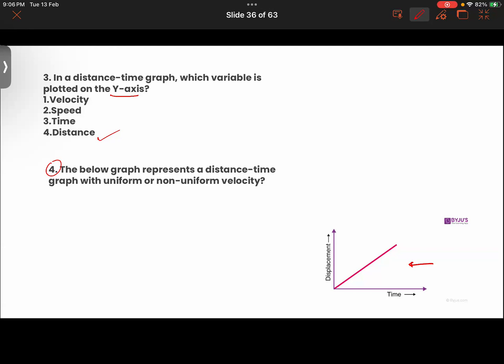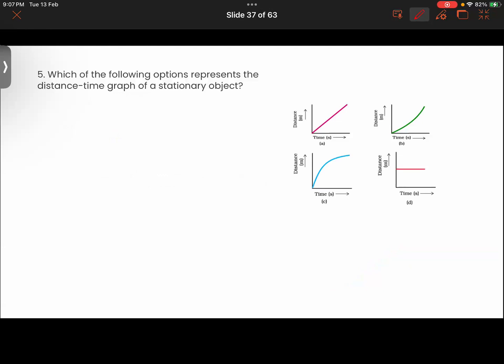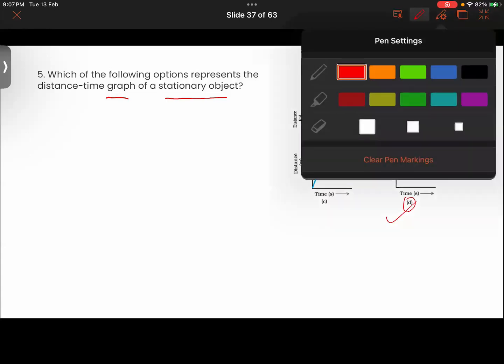So I should answer whether it is uniform or non-uniform? Exactly. Yeah, so it's uniform. Exactly. Okay, which one of the following options represents the distance-time graph of a stationary object? This one is very easy. D. Exactly.